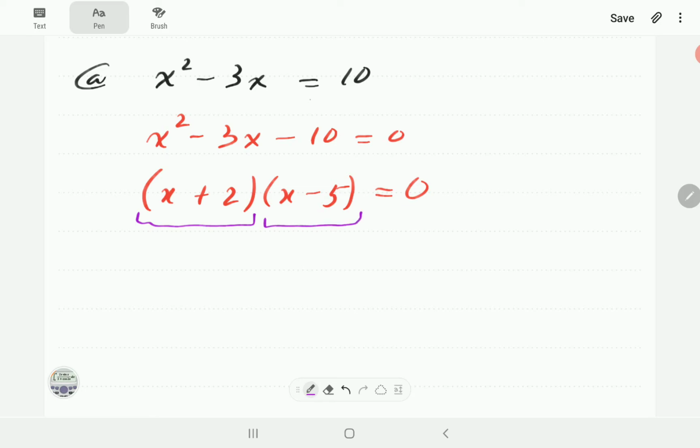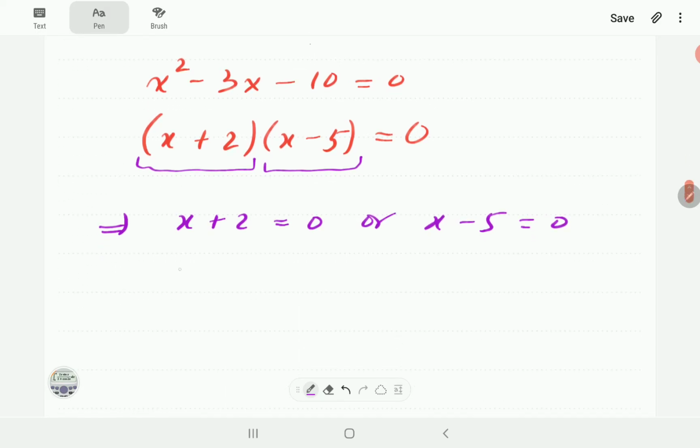So the implication from that is either this one thing is equal to 0 or this other thing is equal to 0. If this one thing is equal to 0, then x is negative 2. If this other thing is equal to 0, x is 5.